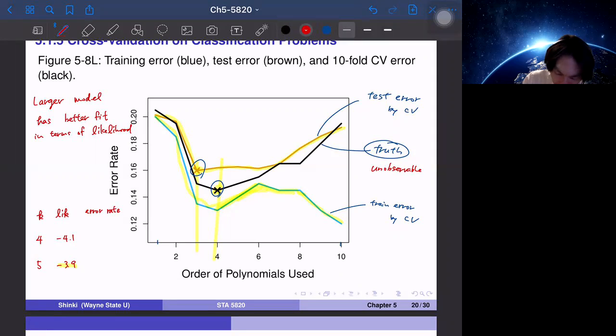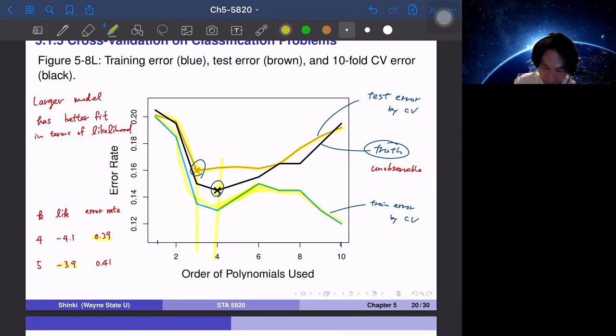Maybe this one is 0.39 and the other is 0.41, so the error rate may be smaller for this one, because we have two different criteria. If the likelihood is higher, usually the performance is good, but the error rate is based on the 0.5 threshold, right? So even a better model can have a higher error rate.